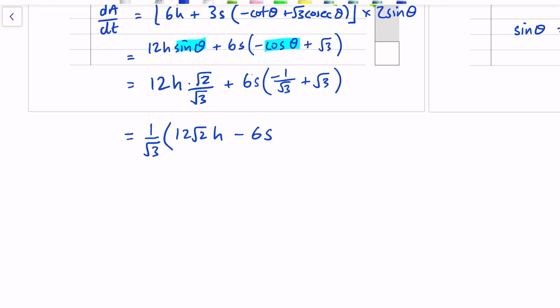What's that last term? It doesn't have a root 3 in the denominator, but I can give it one by timesing top and bottom by root 3. So root 3 times root 3, there's 3, and then we've also got a 6 out the front, so 18s. Okay, then we've got some like terms to tidy it up and find the final expression, but I imagine the final mark would be for any of these last sort of 3 lines.